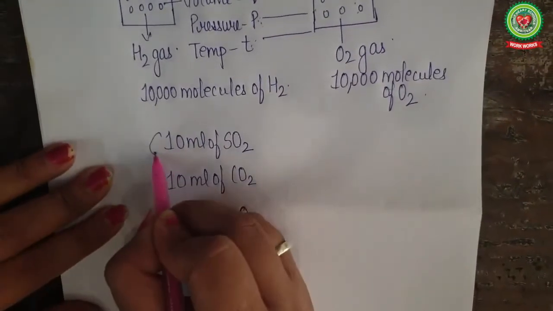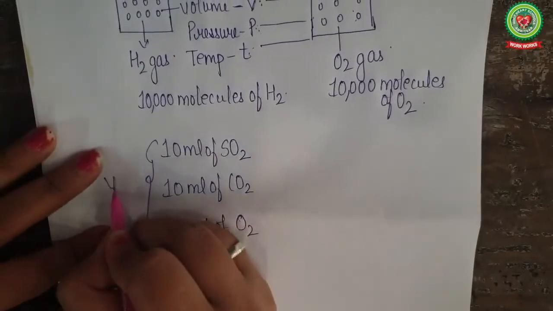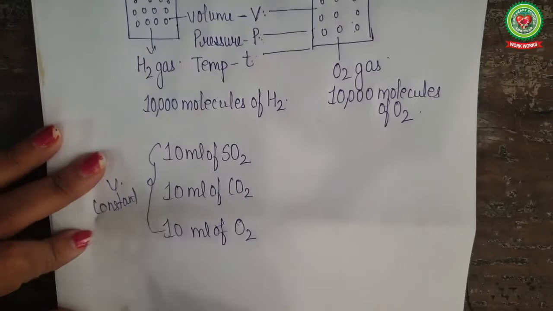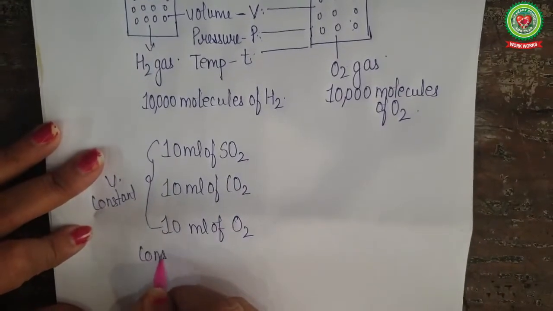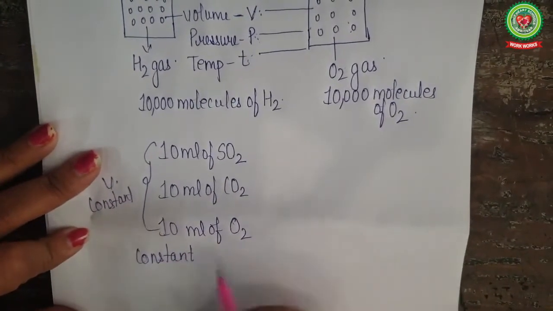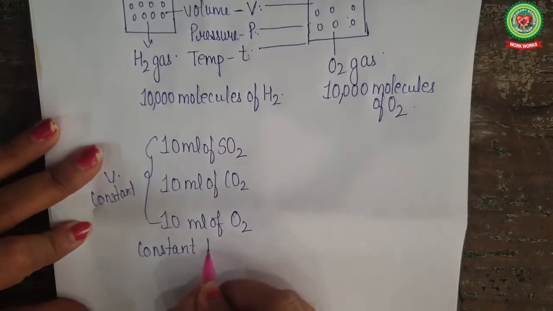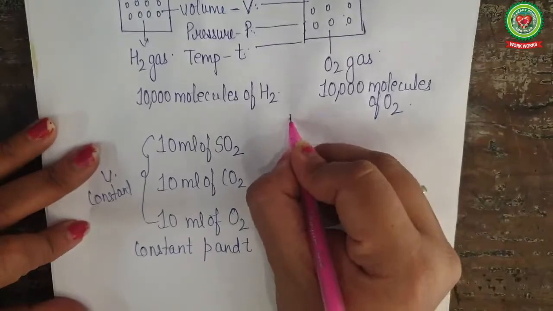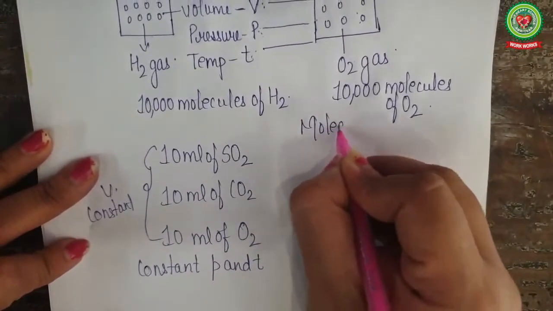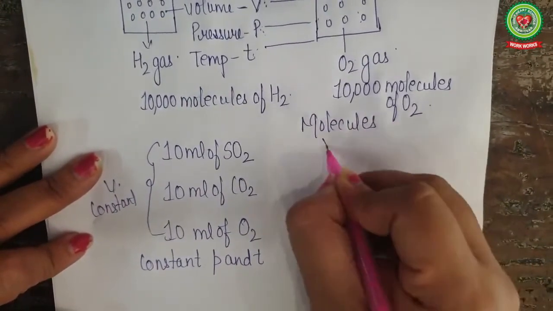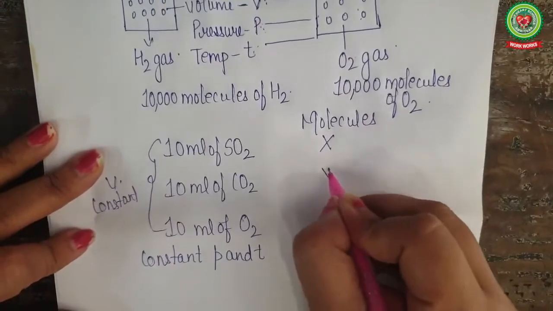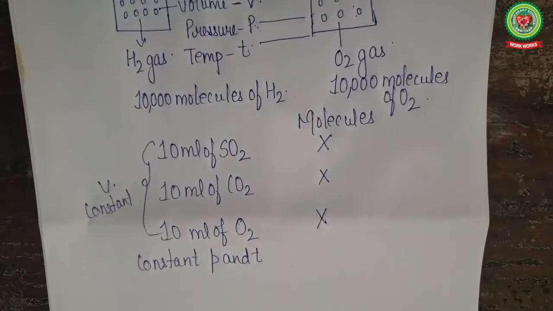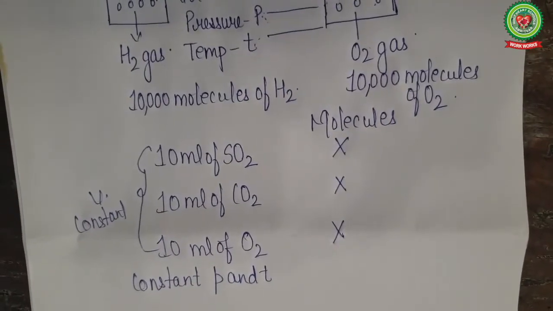So volume is constant here and the three gases are at constant pressure and temperature. So they all will have the same number of molecules. I am taking the number of molecules as X. It means all these three gases contain the same number of molecules.